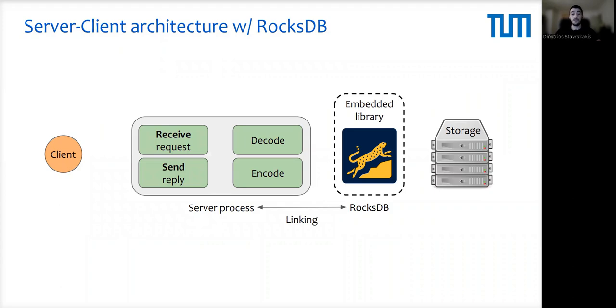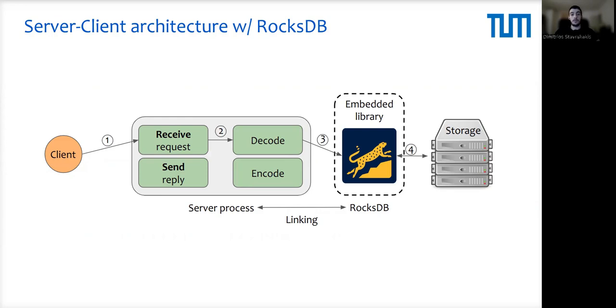Having done that, the workflow of our single node key value store is as follows. Initially, the client sends a request which is received by a long-running server process. The server then decodes the message and identifies the requested data operations. After the decoding, the operation is forwarded to RocksDB, which takes care of the execution of the operations and the data placement in the storage medium according to its format.